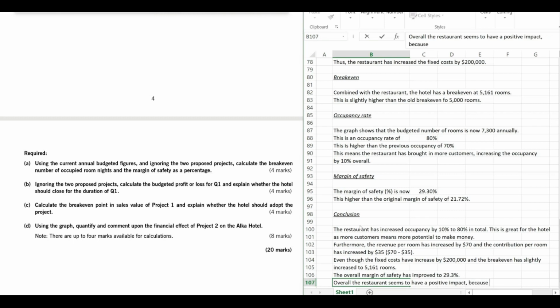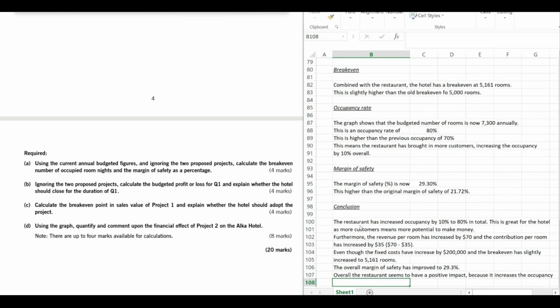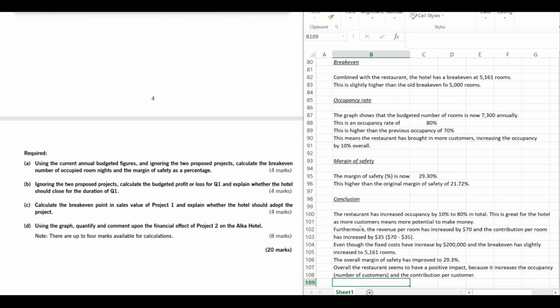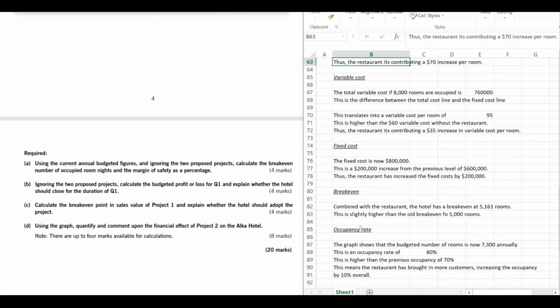Because it increases the occupancy, which is the number of customers, and the contribution per customer. Okay, so we're done. 8 marks worth of analysis. We're done with the calculation and the analysis.